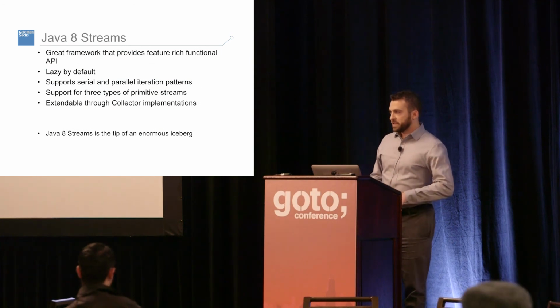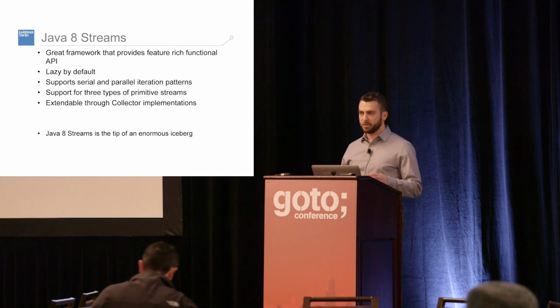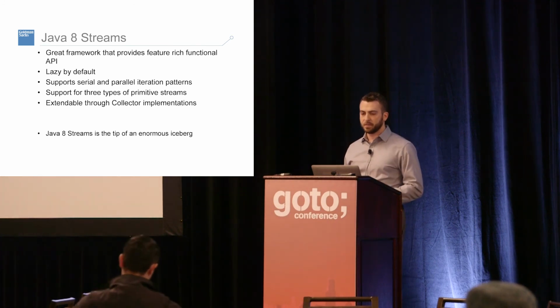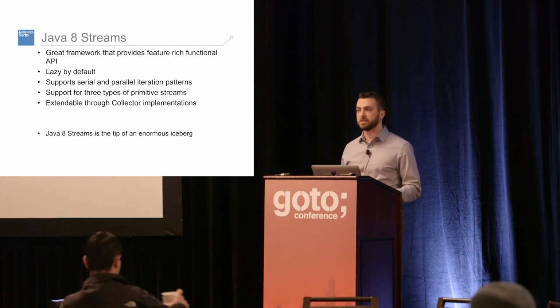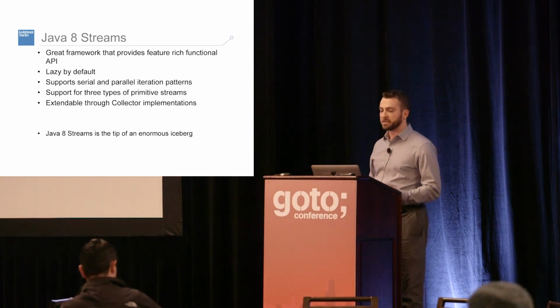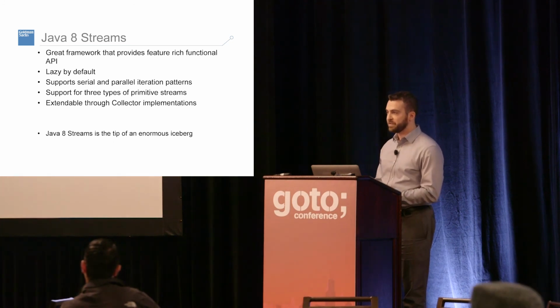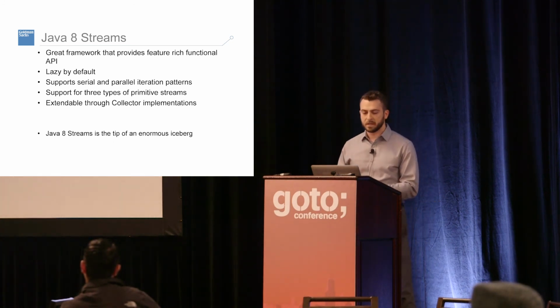So we've seen a taste of Java 8 streams, and it's been out for around a year, so we've got to try it out. And my impression is that it is a great addition to core Java. It provides a lot of these iteration patterns which we have been missing for a long time. It has the interesting design decision that it's lazy by default, but in a lot of cases that's what I want.